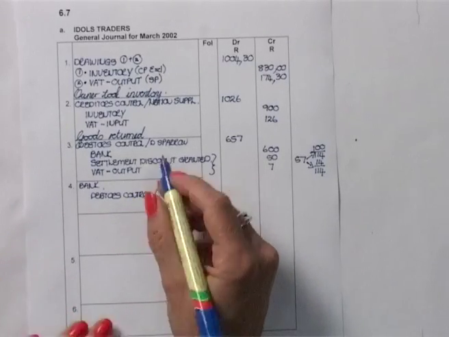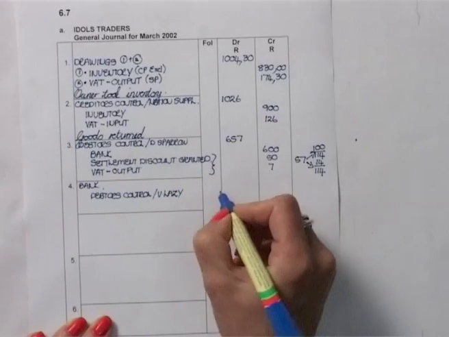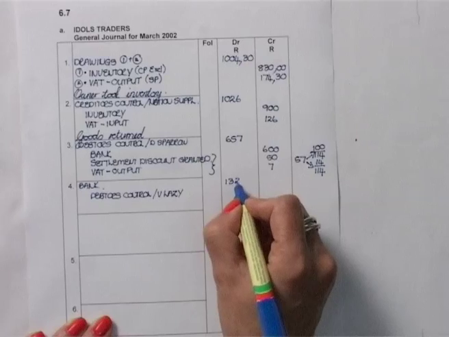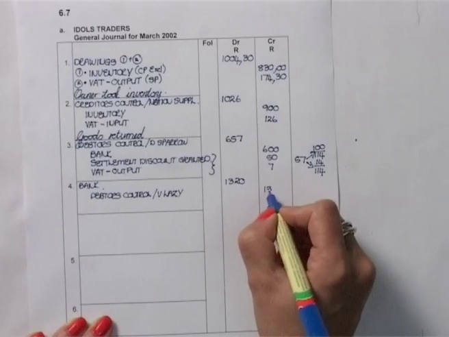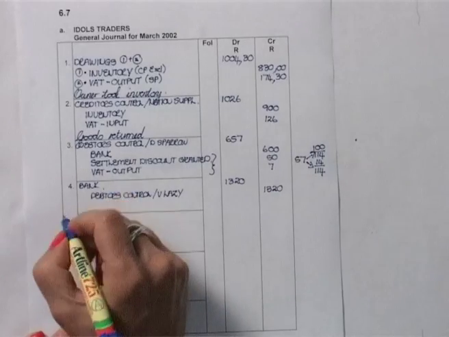The name of the debtor, V. Lazy. And the 1,320 will not have any implications on our VAT.